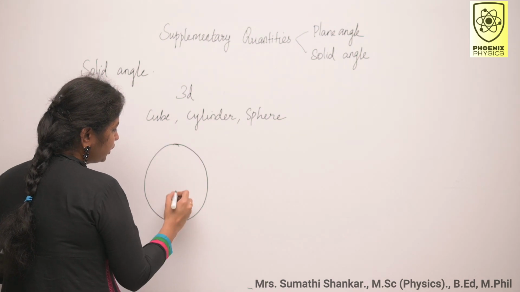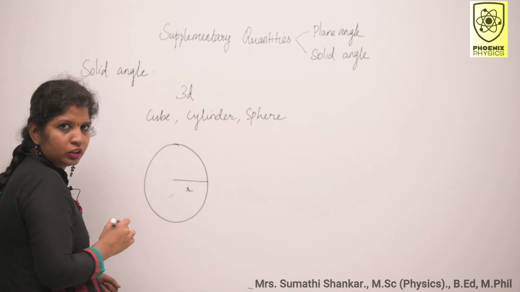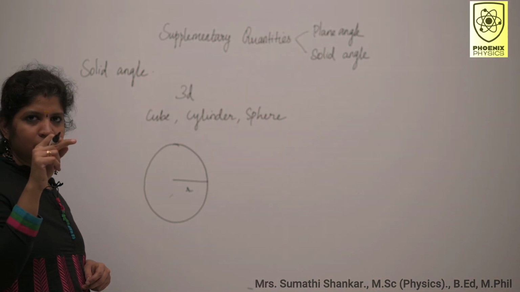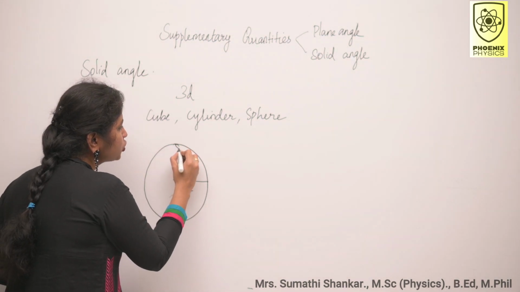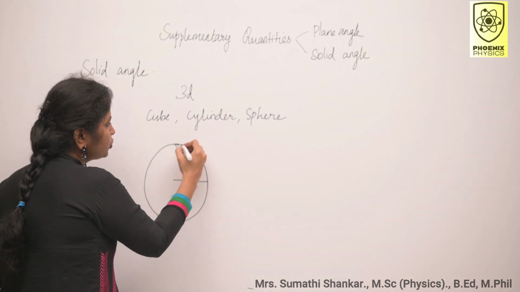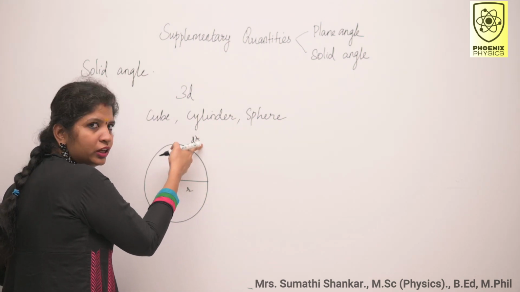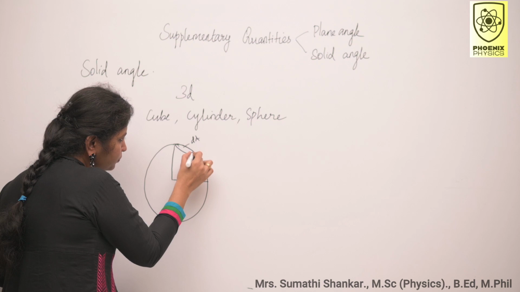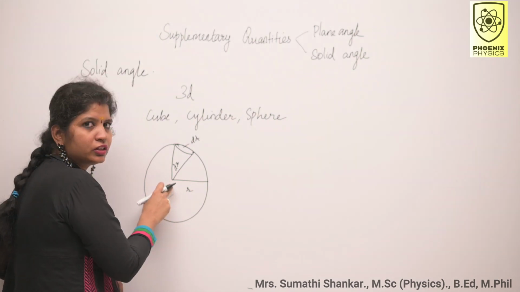Here I am considering a sphere. Consider this as a sphere of radius R. In circle I considered arc length, but here it is sphere, so I am considering a small area on the surface of the sphere. So this area is dA, because it is a small area. This area subtends an angle d omega at the center of the sphere.